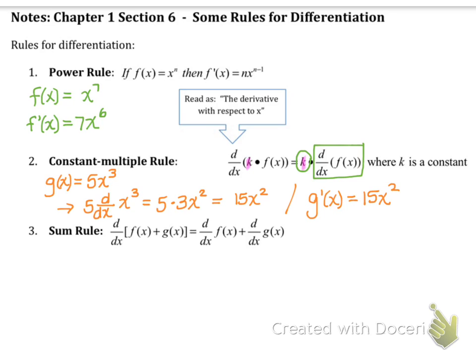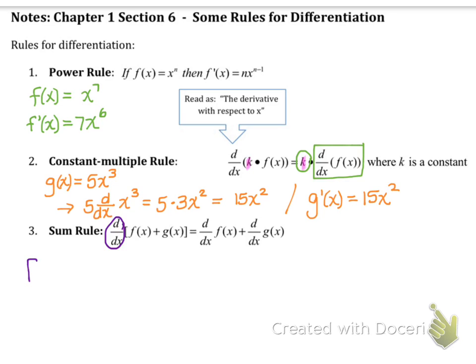All right, and then the sum rule says that if we have two sums, we just take the derivative of each part. Again, it's important to know that this d over dx implies take the derivative of. It's considered an operation.